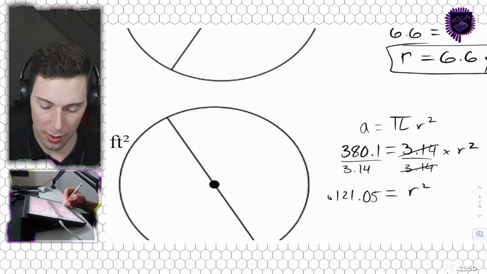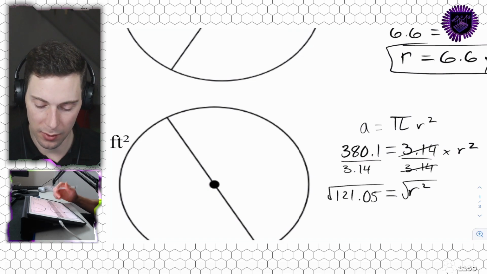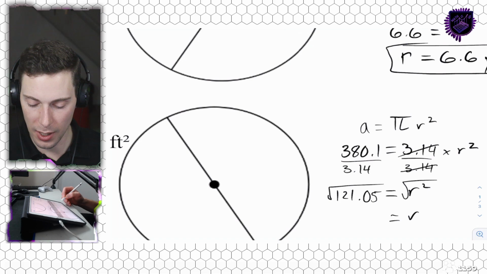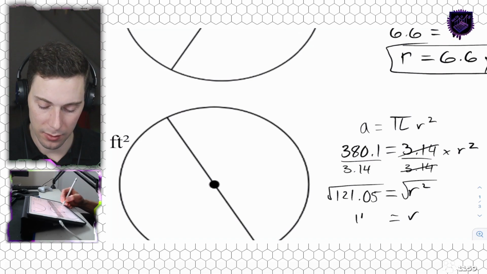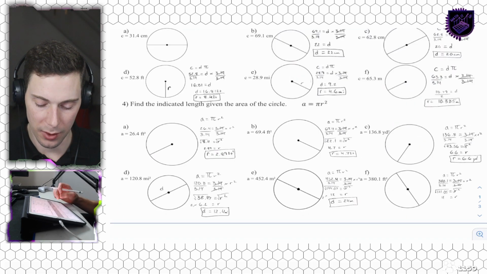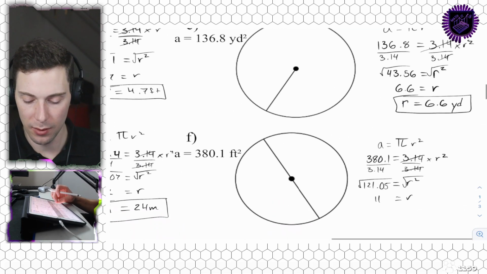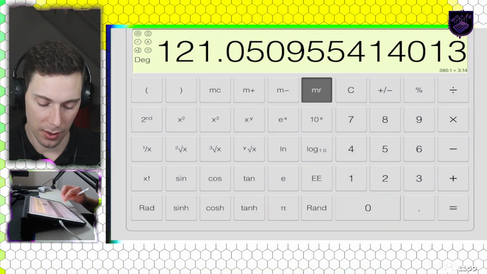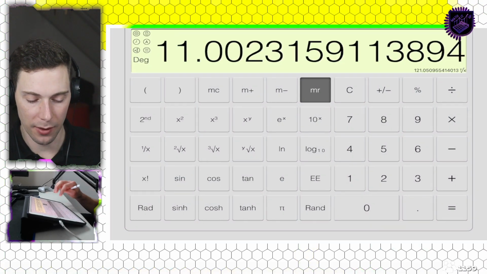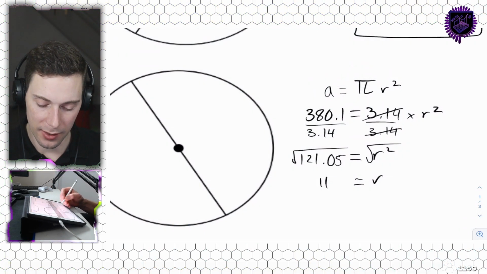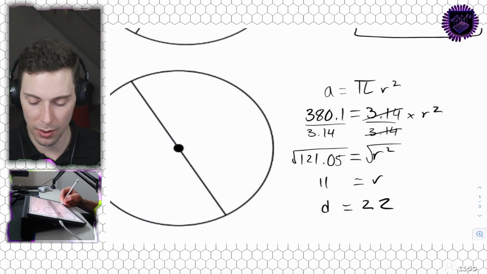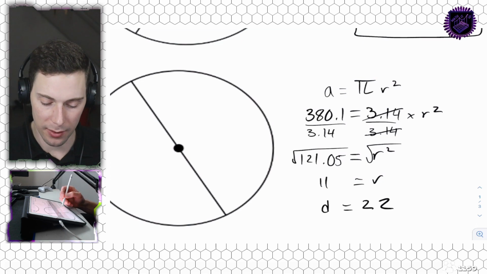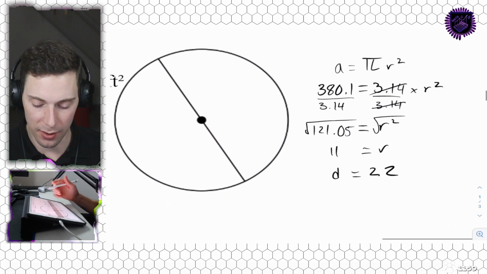I can find the root. So the radius will be 11. Okay, 121. So if I do this, 11, yeah, 11. So our radius is 11, which means our diameter is 22. 2 times my radius, 22 feet.